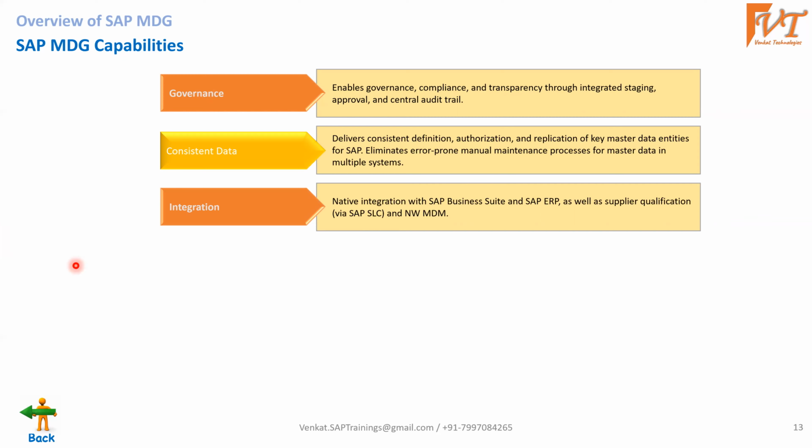That type of tight integration can be available, and MDG can integrate to non-SAP systems as well. Whether the target system is SAP or non-SAP, the tight integration is possible.